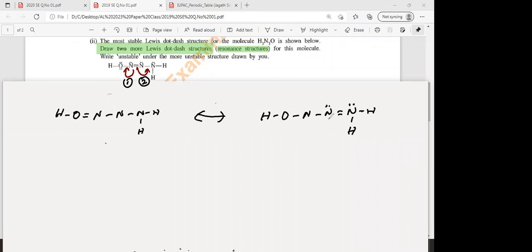You get 2 lone pairs. You will get a lone pair, and here we will get a lone pair, to make it octet.